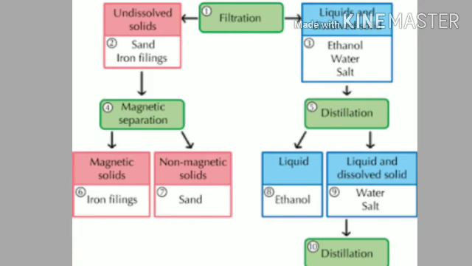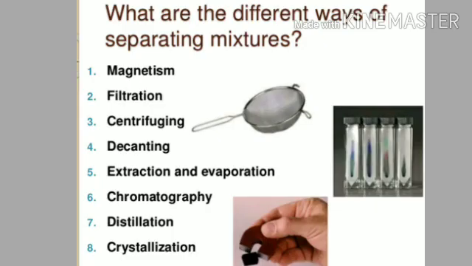We have many separation techniques, but the choice of separation technique is based on the type of mixture and the difference in the properties of the constituents of a mixture, which decide which separation technique we will use.